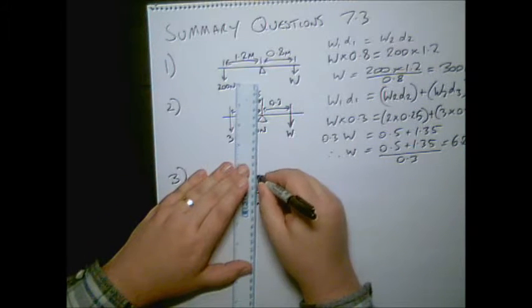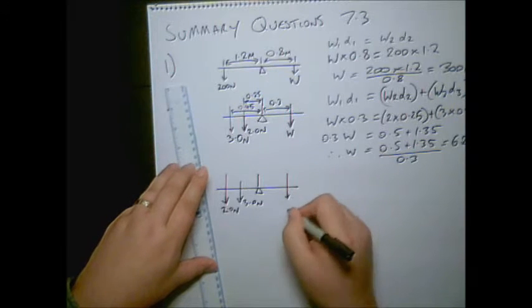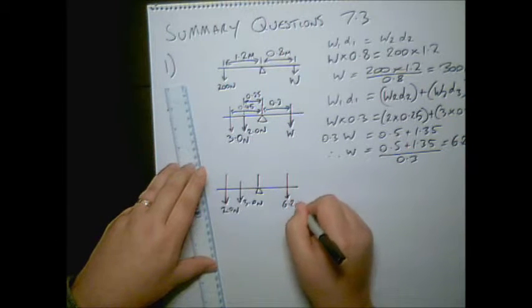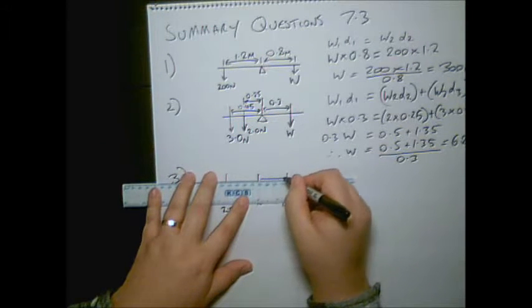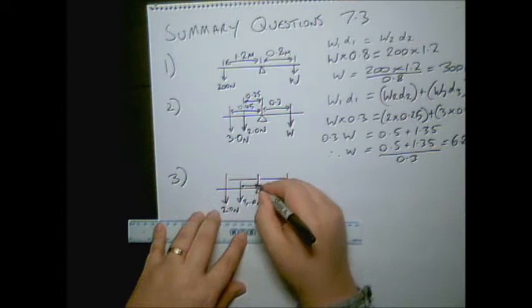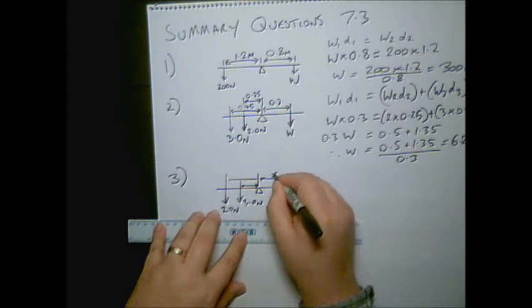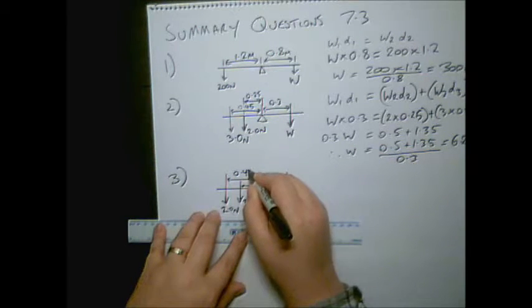We've got our centre point here, we've got a weight here of 6.2 newtons. What we don't know this time is the distance on that side, so we'll call that distance X, and these stay the same at 0.45 and 0.25.